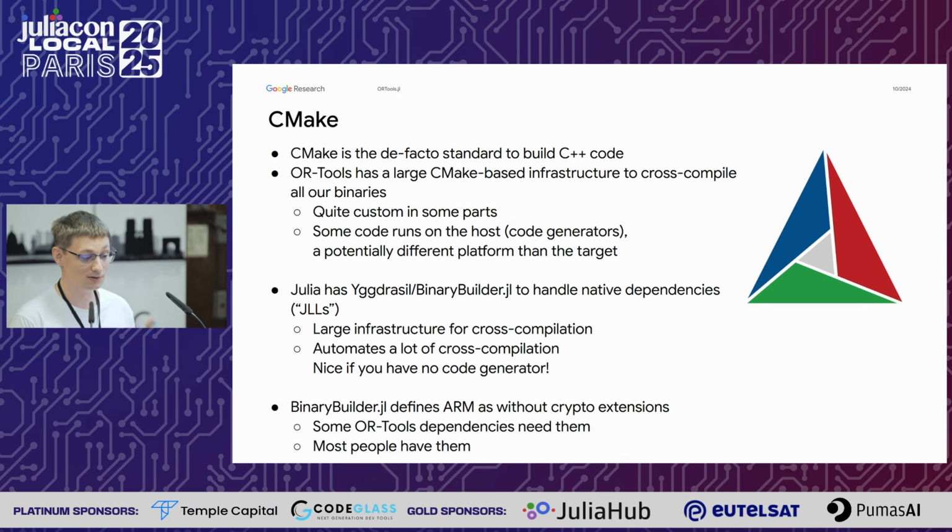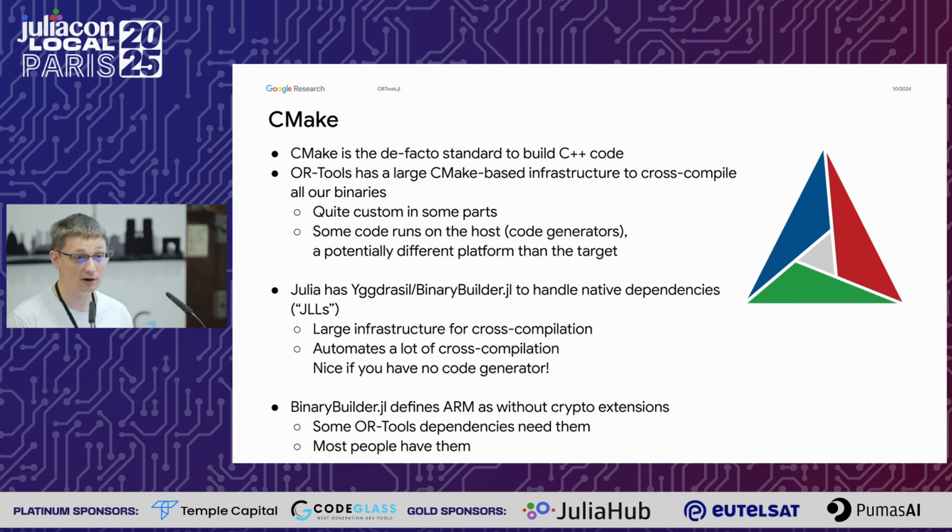So during compilation of ORTools, if you're running the compilation on Linux and you target macOS, for instance, you have to build a binary for Linux to compile the protocol buffers part and to compile the end code for macOS. So you really have to make the distinction, and there are many ways to do that in CMake, and well, ORTools and Yggdrasil don't really agree on that. So that was one of the problems that you have. There's also the problem of supporting some platforms.